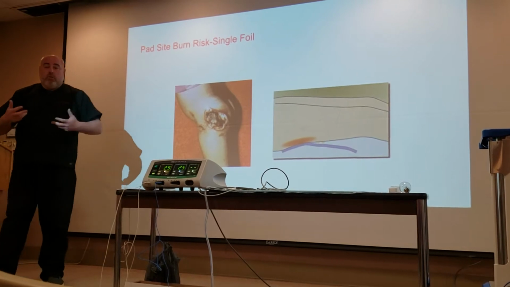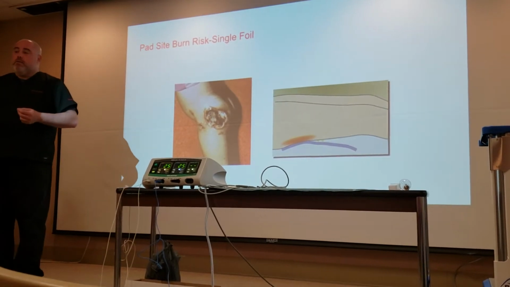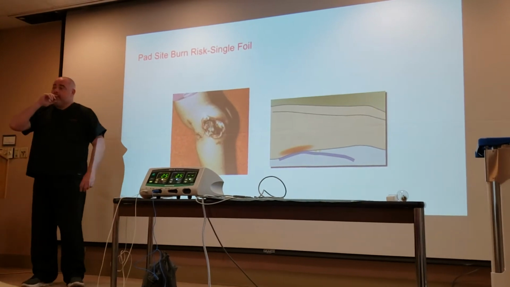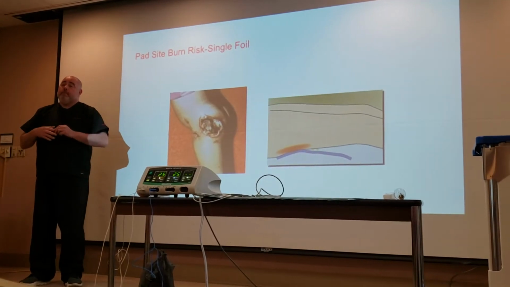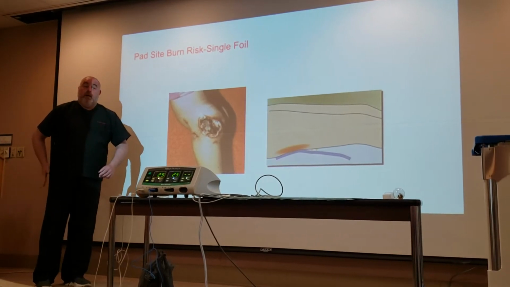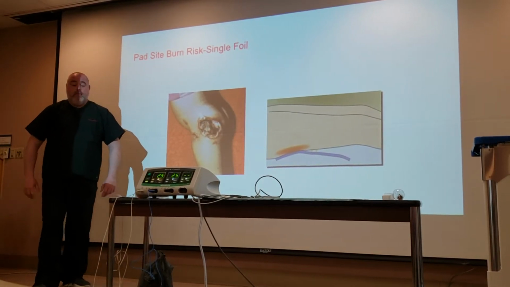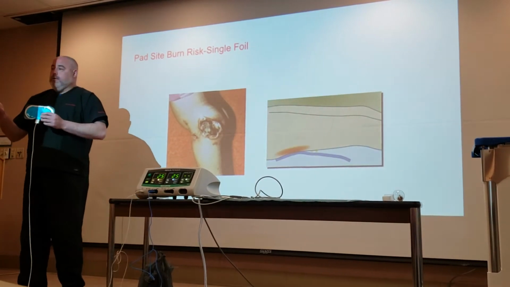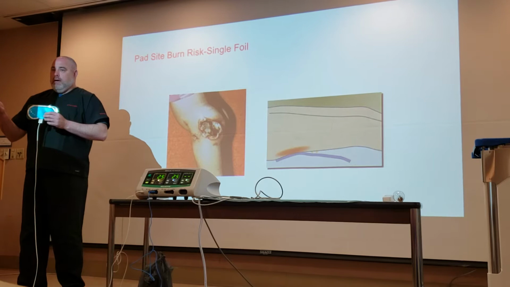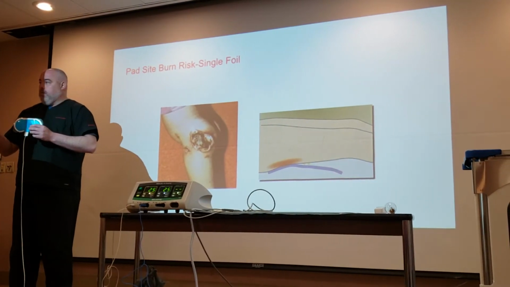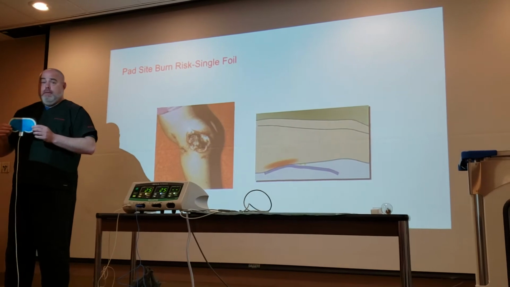Again, the dual foil pad is a considerable safety improvement. What's happening here? What's this photo? Is that an arm? Or is that a hip? It's a hip. So what's happening there? What happens with these single foil pads is, do these sometimes fall off or get dislodged in surgical procedures? Probably. I know in my time I've seen that happen.